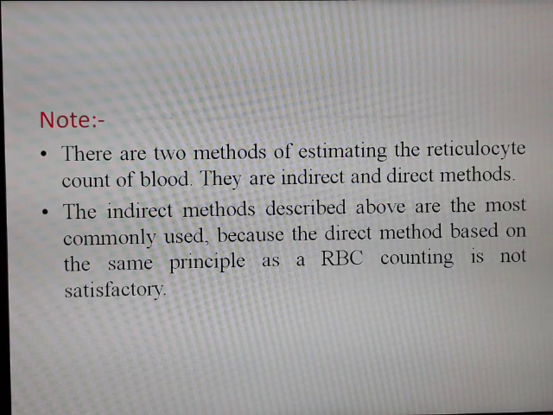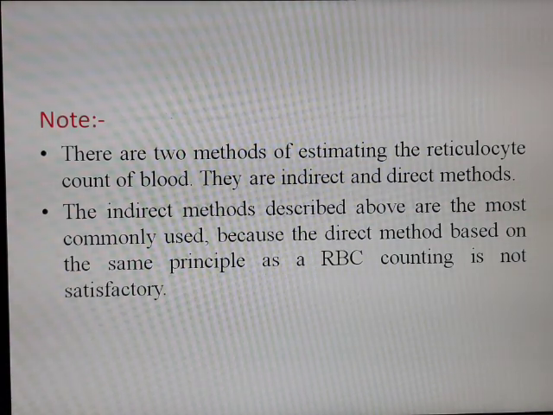Indirect methods give more accurate results. No doubt nowadays we can analyze the reticulocyte count in an analyzer, but if you do it manually, then we should prefer the indirect methods. Now, how to calculate the results?